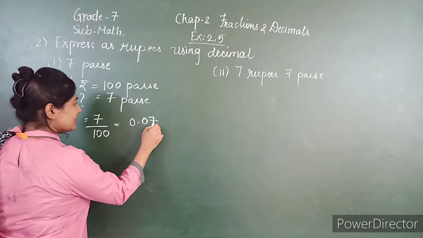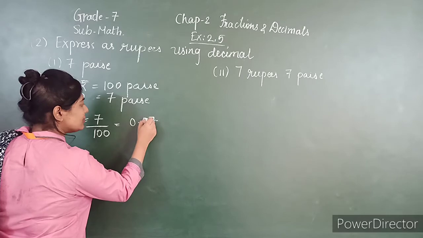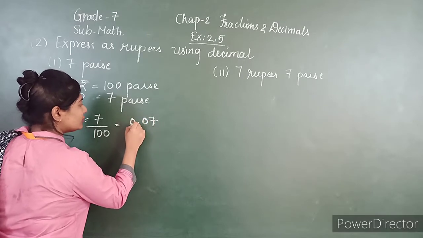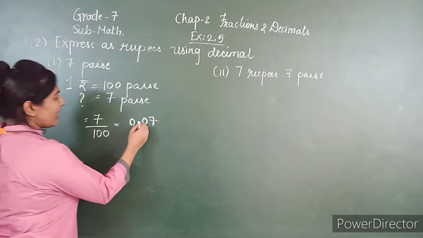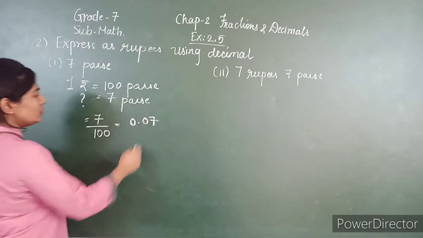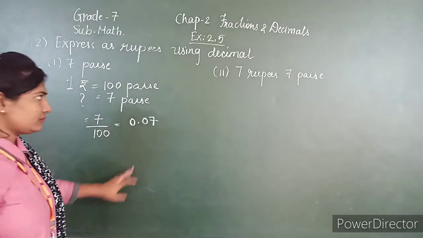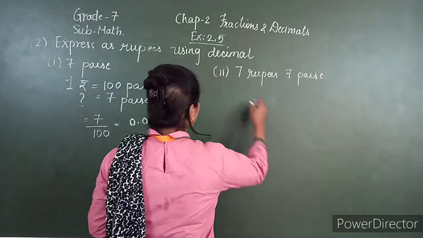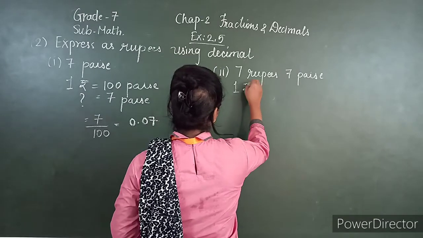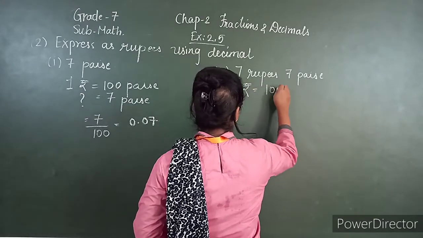Here 7 is given. So we put 0 and then the point, and afterwards again 0. Two numbers are there, so we make the point before two numbers. Then 7 rupees 7 paise. Here also we put the identity, 1 rupee is equal to 100 paise.